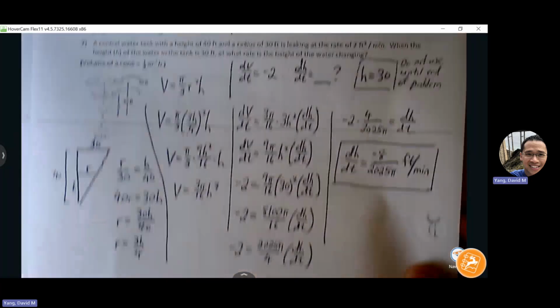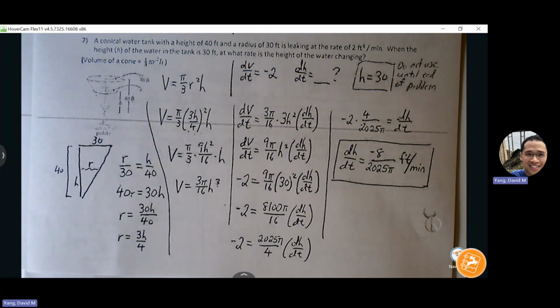This is my key here. Let me see what I did on my end. Oh, you can simplify 9 and 48.